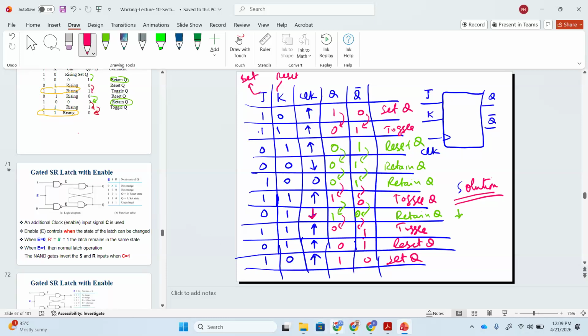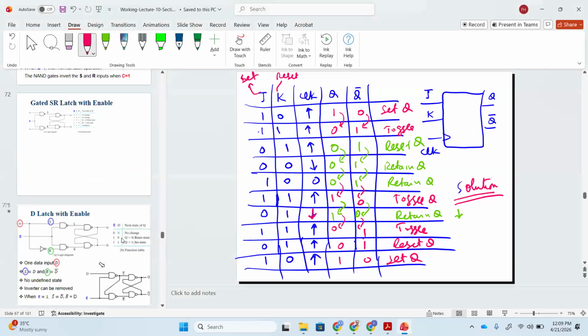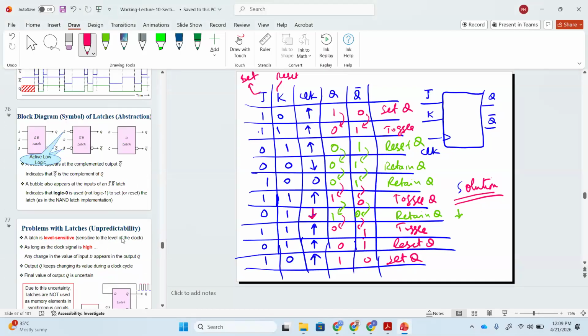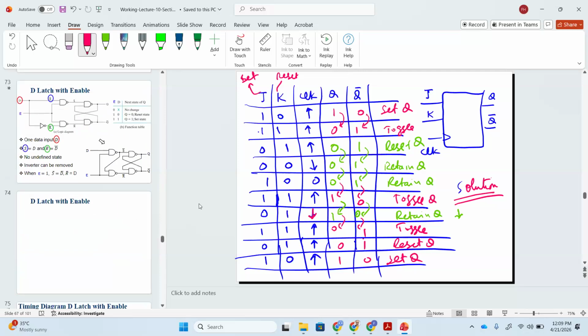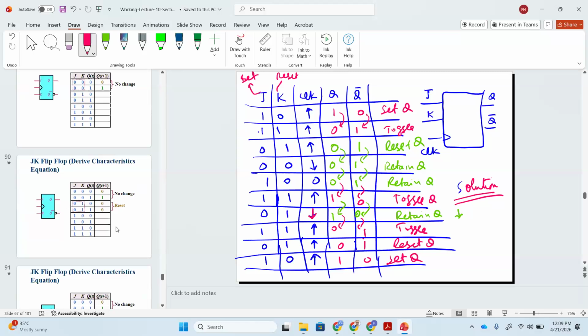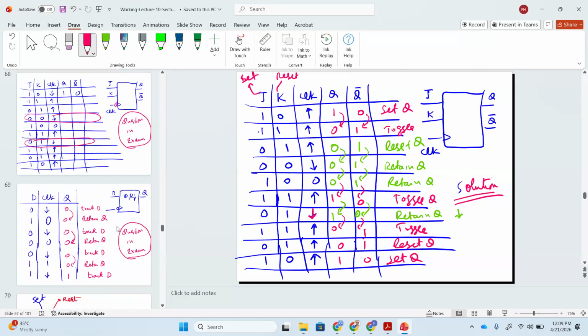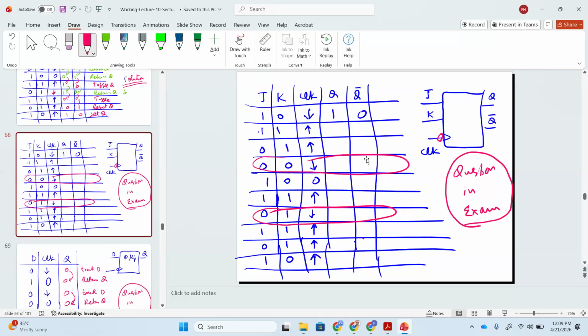Professor, I have a doubt. Yes, please go ahead. Can you go to the previous slide? The one with the JK flip-flop, the inverted one. The question you gave, but then you changed it to an inverted one. This one? Yeah, so 0 is the same as falling edge? Yeah.